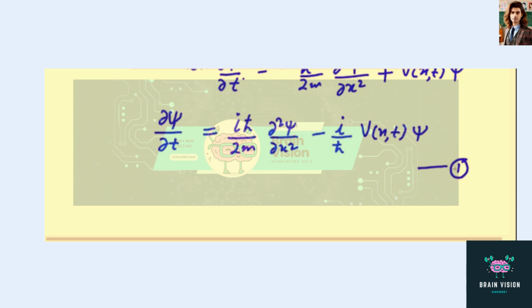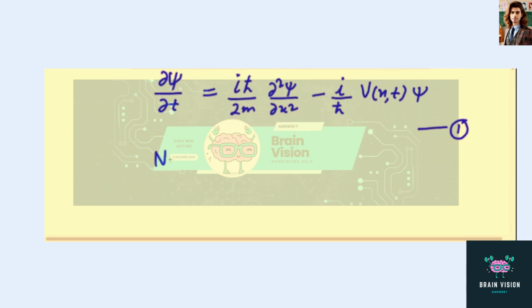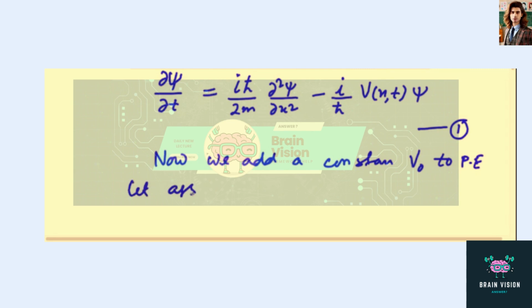Now we add a constant V naught to the potential energy, and let's assume the corresponding wave function is psi naught.